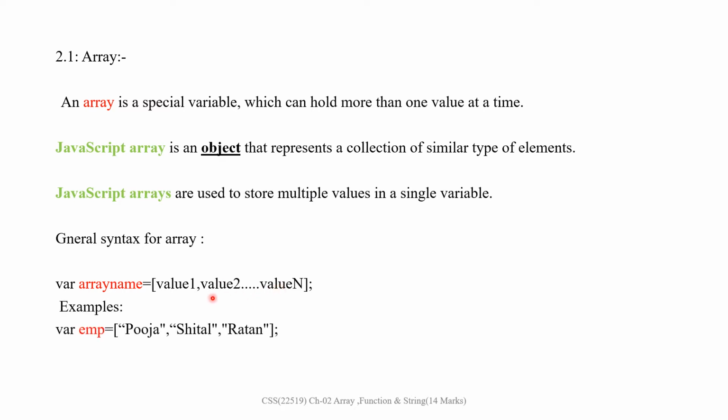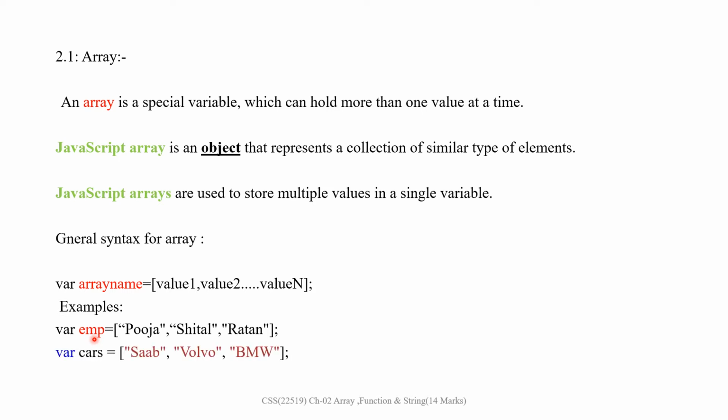The example for array is var emp equals Pooja, Shital and Ratan. This is the array containing the strings. Var emp, emp is an array name.